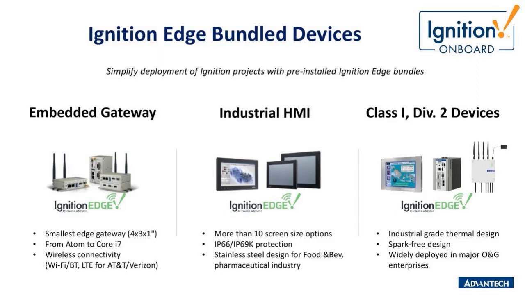They've got the edge compute built in with an HMI panel in 10 different screen sizes, all the way up to IP66 and even IP69K protection. Some are stainless steel for food and bev and pharma type applications. And like I said, even some Class 1 Div 2 devices. So if you're in oil and gas or water treatment or things that require HAZ location ratings, we've got a number of devices with Ignition on board there as well.